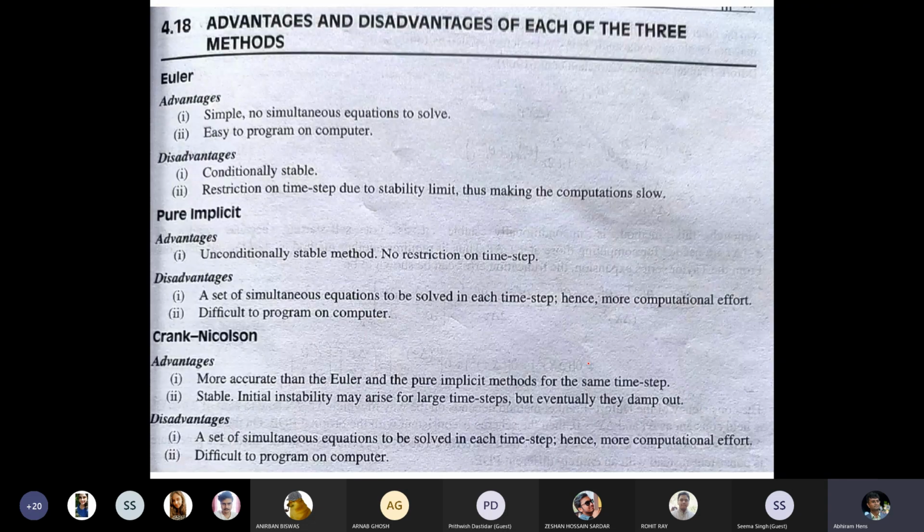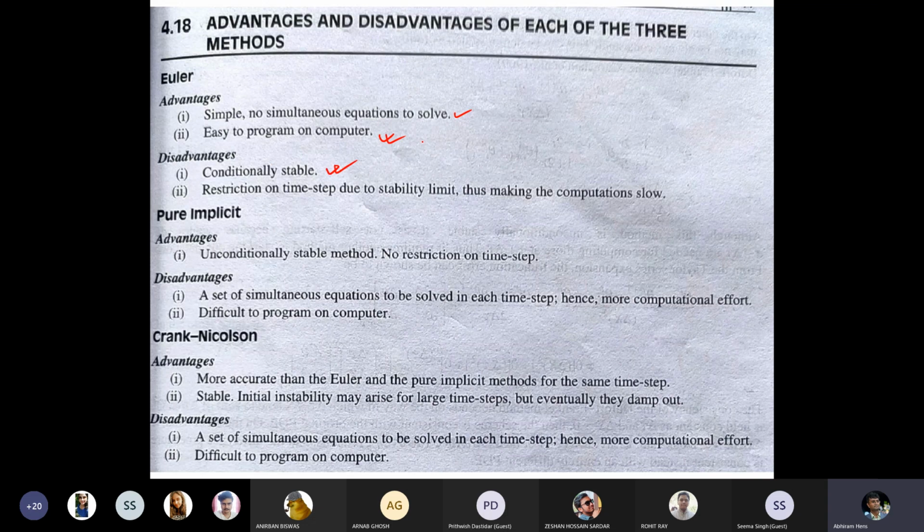So now let us look into the advantages and disadvantages of each of these three methods. The Euler method: the advantage is that it is simple, no simultaneous equation to solve, and easy to program on a computer. The disadvantage is that it is conditionally stable.